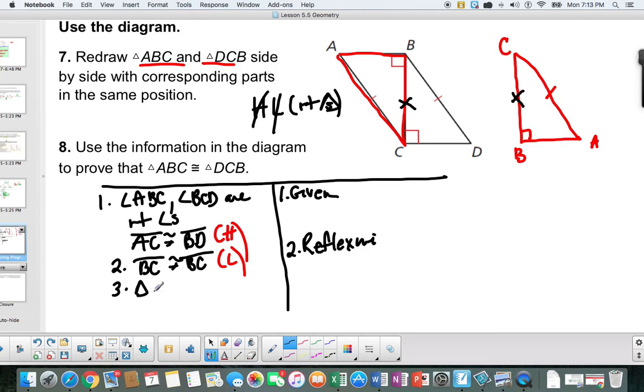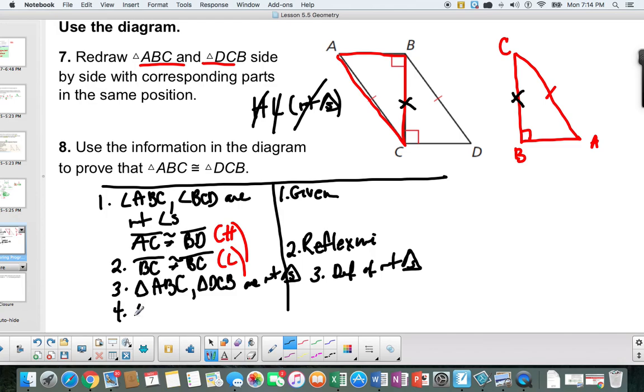So I can say triangle ABC and triangle DCB are right triangles, and that's because of definition of right triangle. As long as you have a right angle in it, you have a right triangle. And now I have the right triangles, and the last step is to say the triangles are congruent, and I'm going to use HL. And that's the end of the screencast.